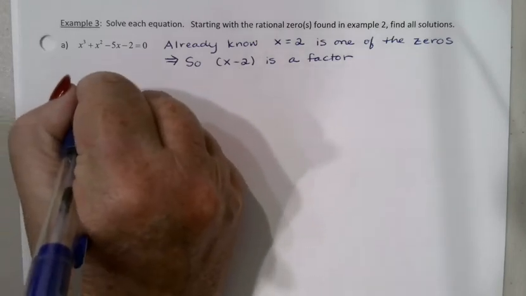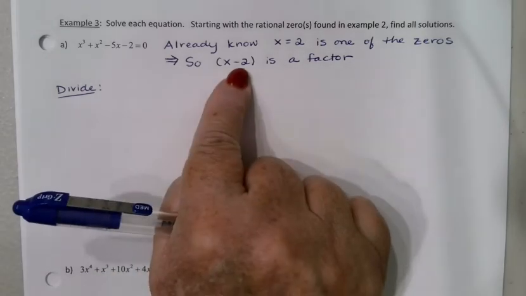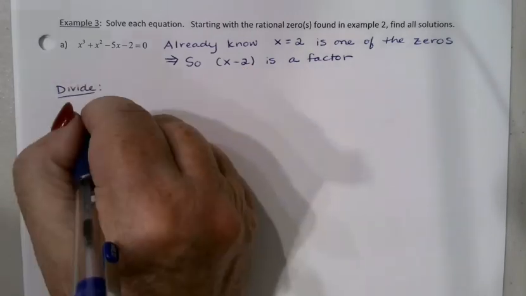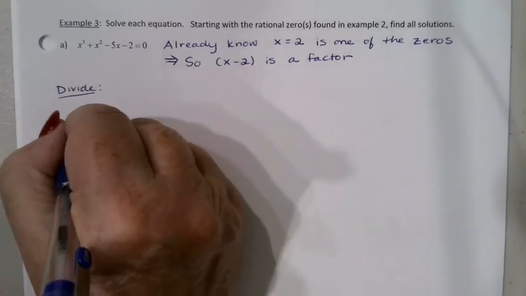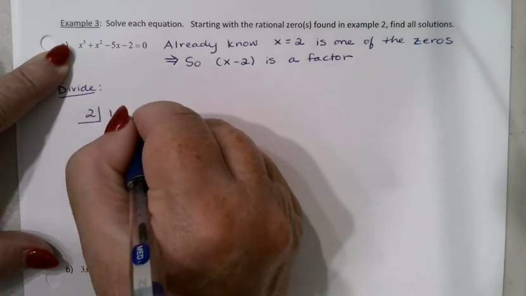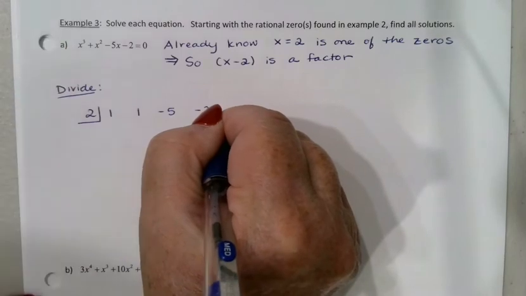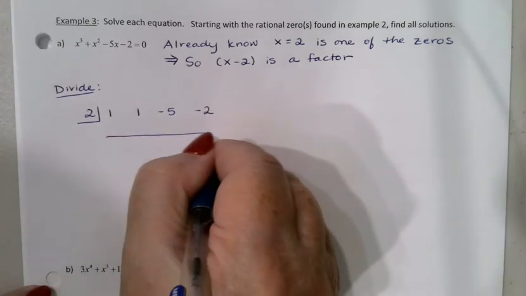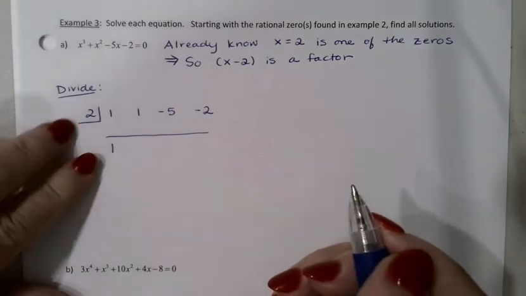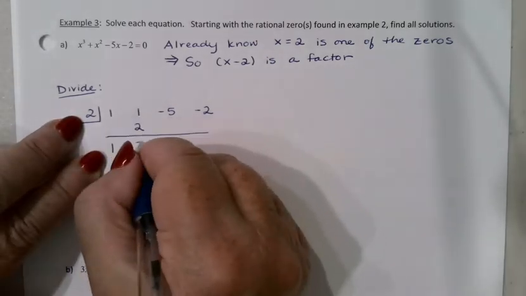I am going to use the shortcut of synthetic division, just because it saves me a little time. I put the opposite of this negative 2 here, so positive 2 in my little box. And then I use my coefficients: 1, 1, negative 5, negative 2. Bringing down the 1, I multiply and add to get 3.